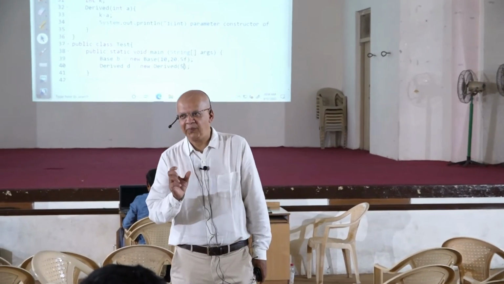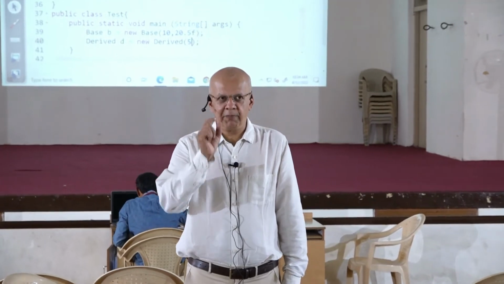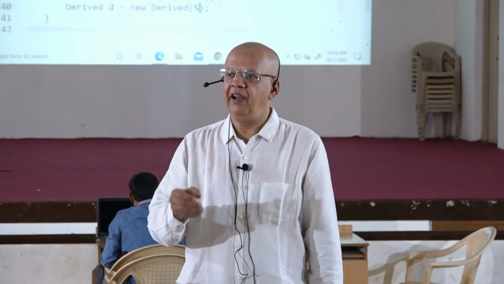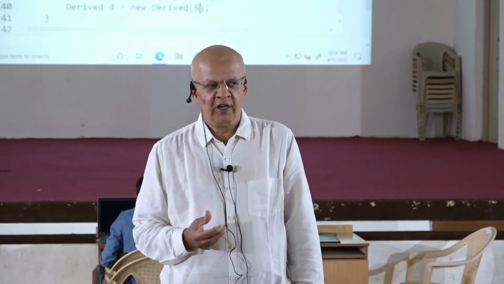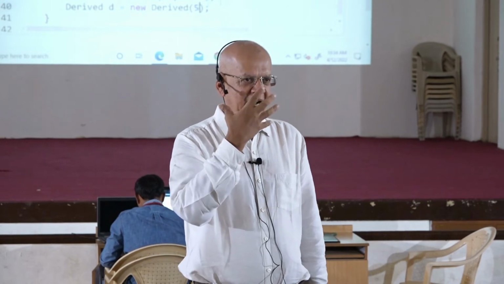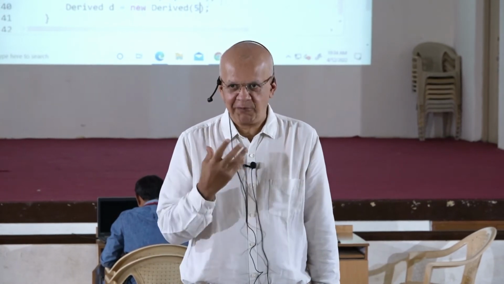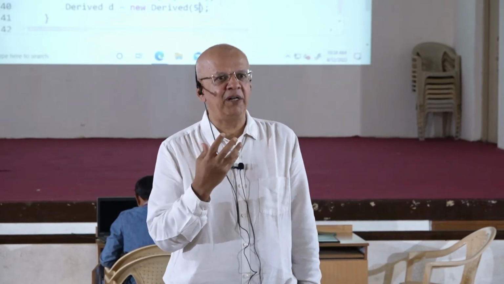Listen carefully. Please understand this very clearly. Whenever I create a derived class object, sitting inside a derived class object, there is also a base class object. In essence, a derived class object cannot be created without creating its base class component. If you visualize a derived class object, how many data members does it have?